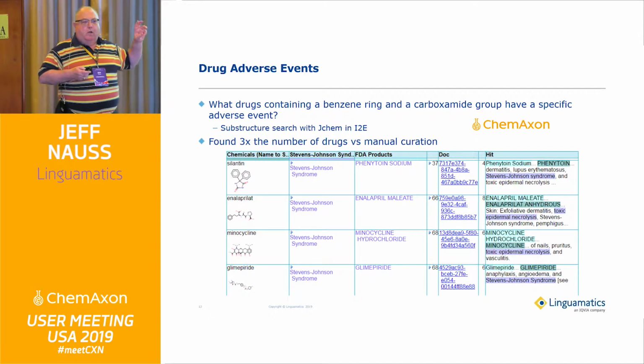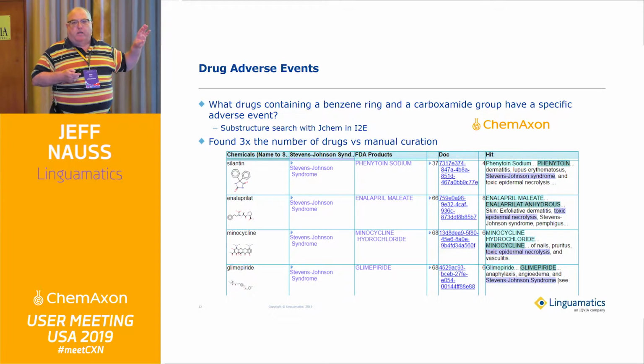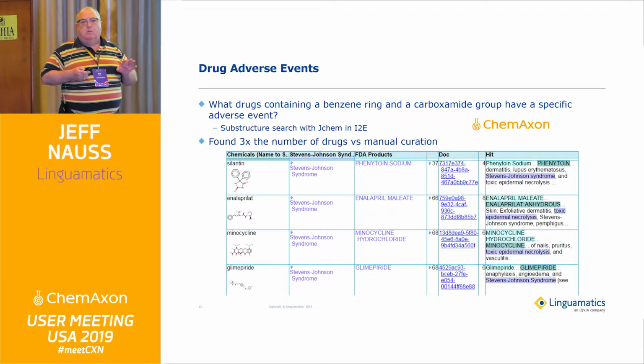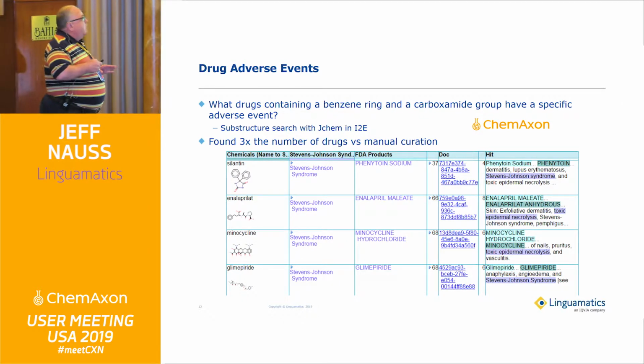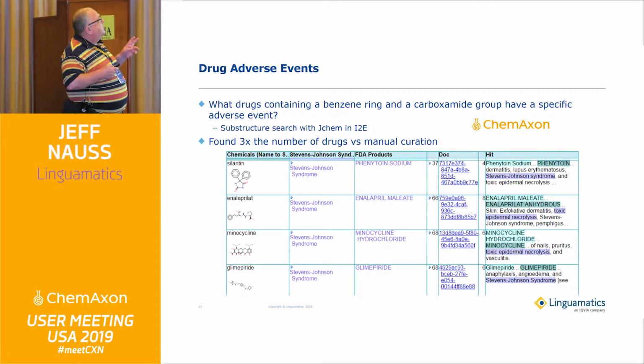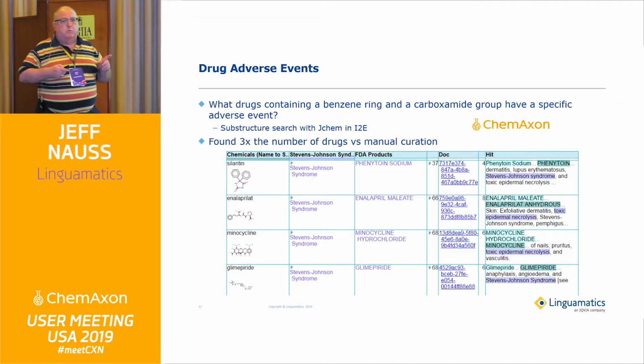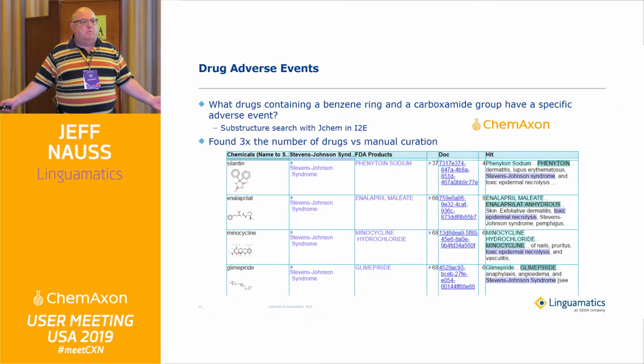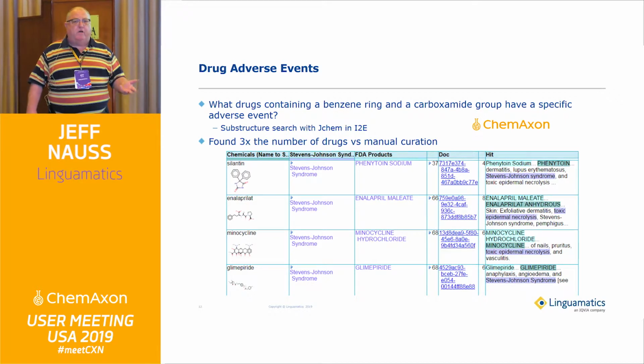This is an example of a relationship we worked with FDA on, where they were interested in adverse events, extracting those out of the adverse event reporting system. What they were interested in were chemical compounds that had a benzene ring or a carboxamide group. So we used ChemAxon JChem to identify those compounds that had these two chemical substructures.